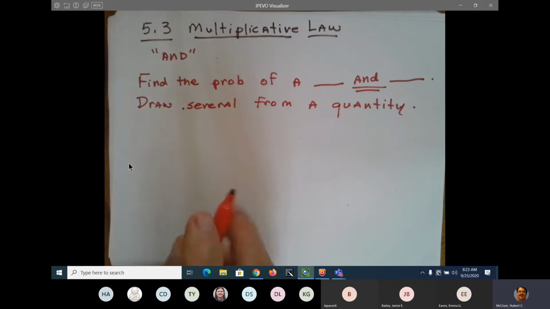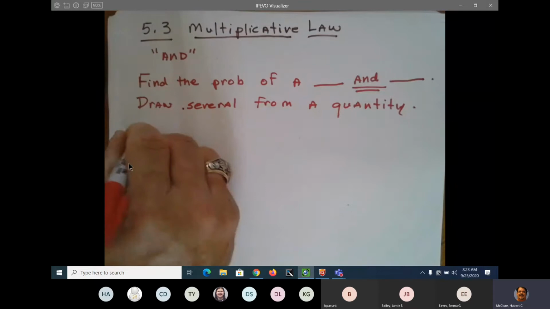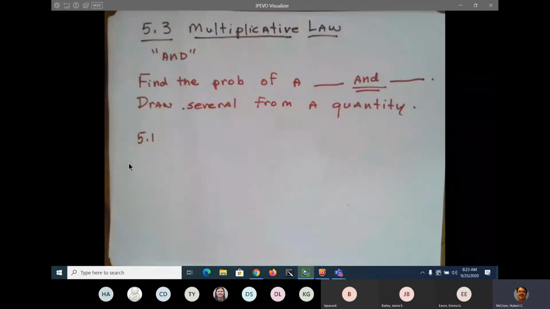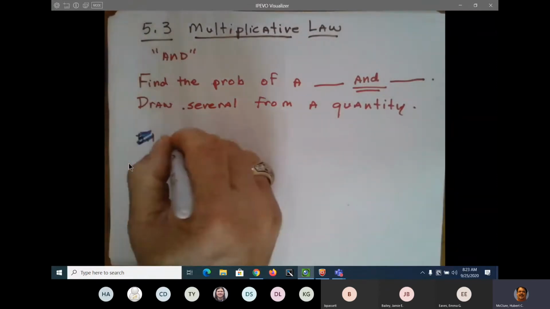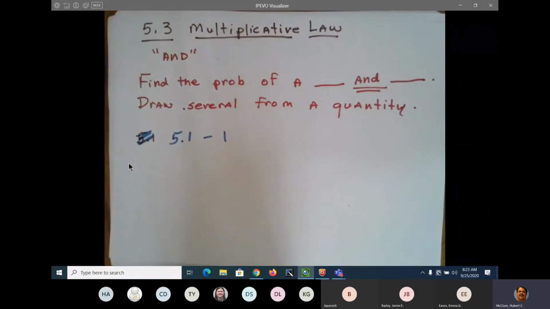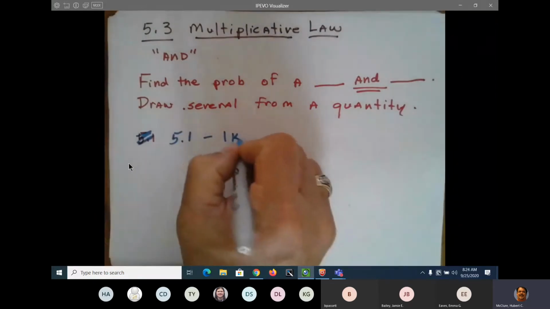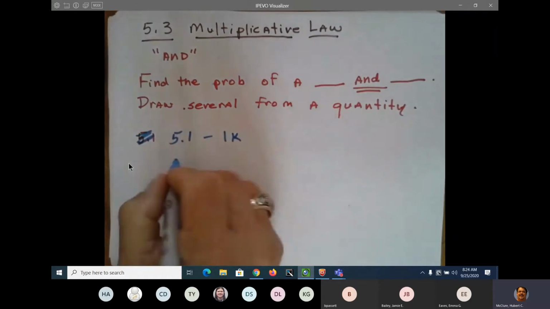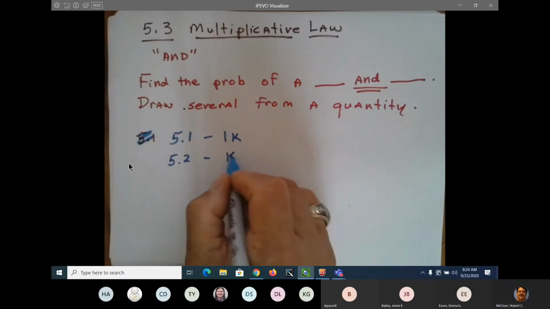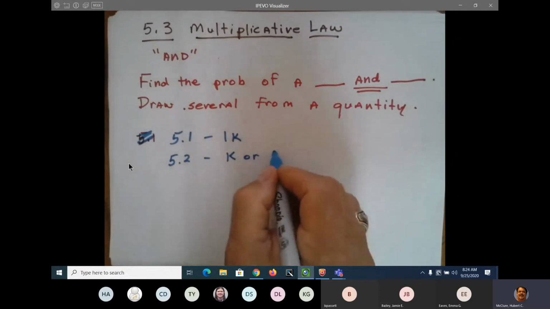Okay, the difference, general probability in 5.1, well, this is not important, but let me go to my brown or blue. Okay. General probability in 5.1 was just picking one king out of a deck of cards. Okay. 5.2 was picking a king or a queen.